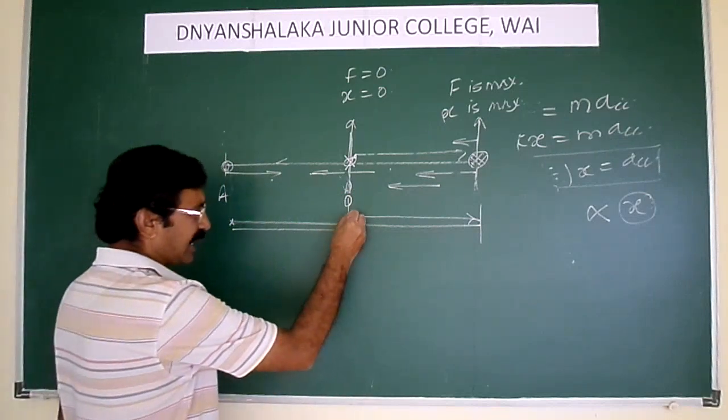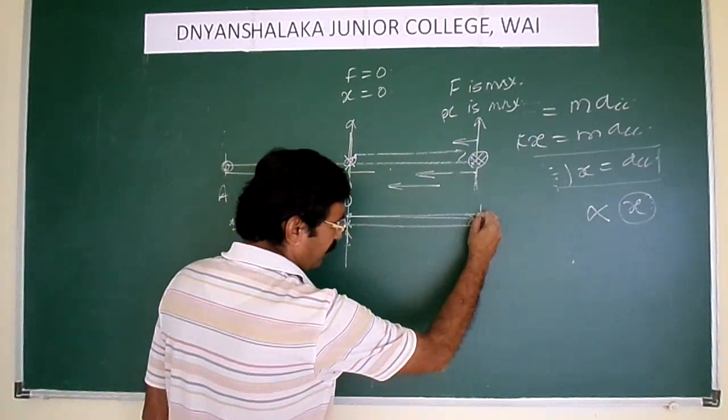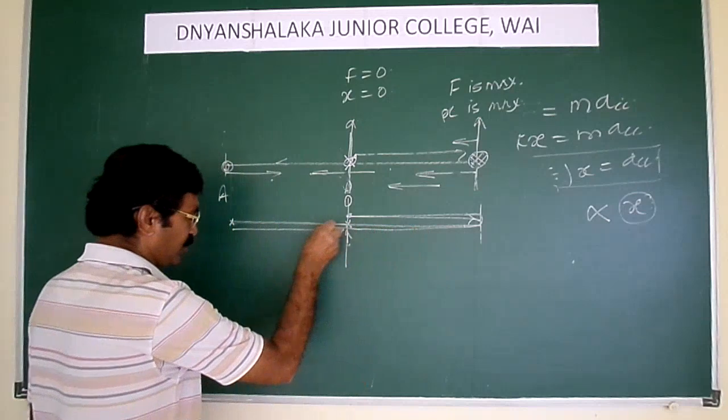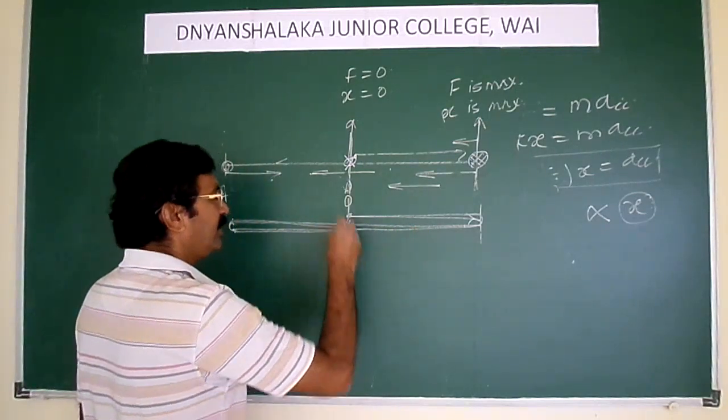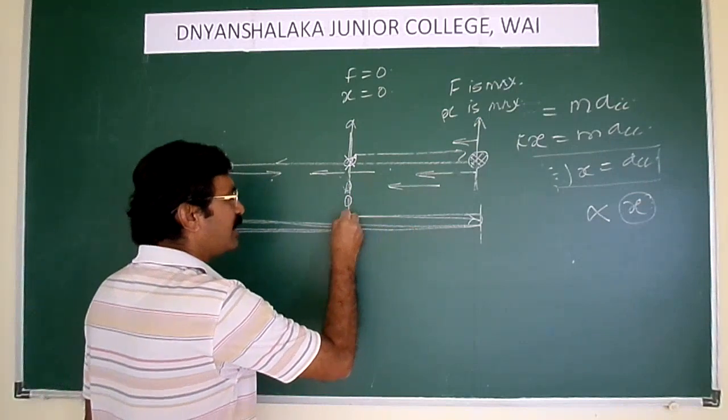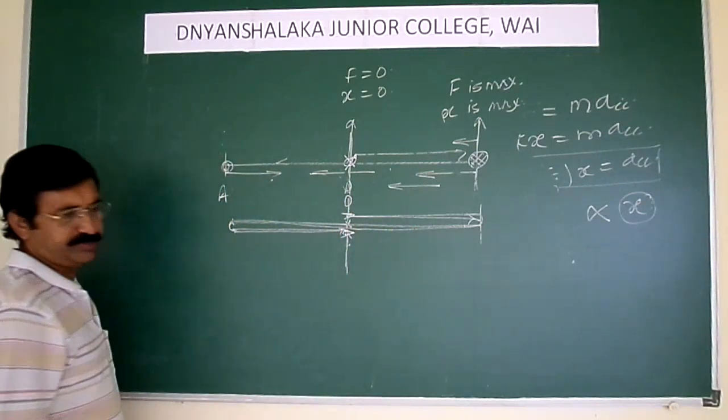So the motion starting from the mean position, going to one extremity, returning to the mean position, going to the other extremity and returning back to the mean position, is for the same state of vibration.